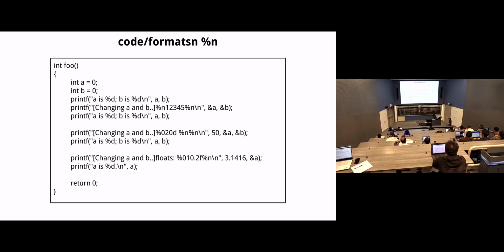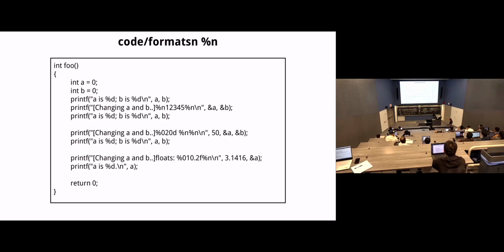So from here to here, before the %n, we print out maybe 15 characters. Then that %n will say 15, and put that value 15 at the address of A. So after this, A will have the value 15.